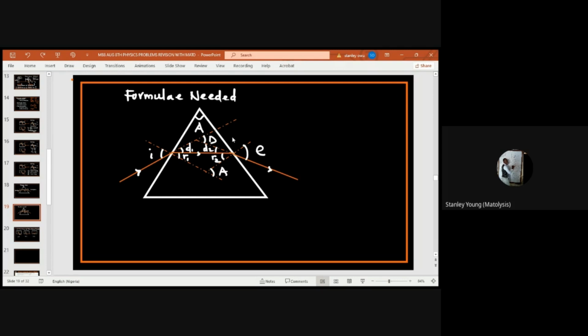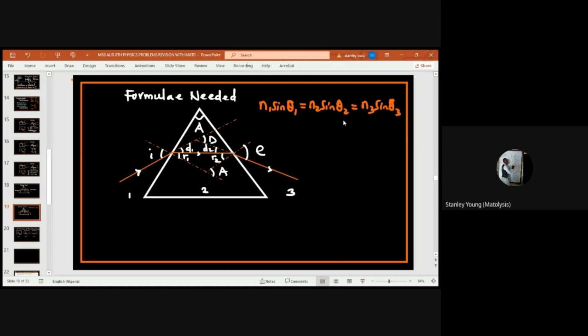So what are the formulae you need here? Number one, let's call this medium 1, medium 2, and medium 3. So you need to know that n1 sine theta 1 equals n2 sine theta 2 equals n3 sine theta 3.